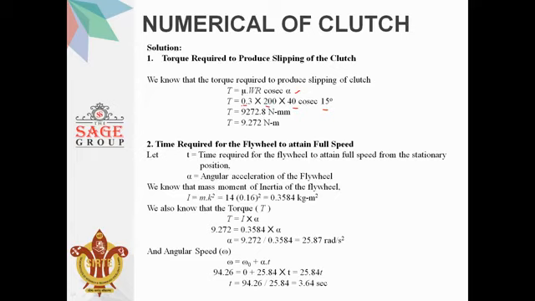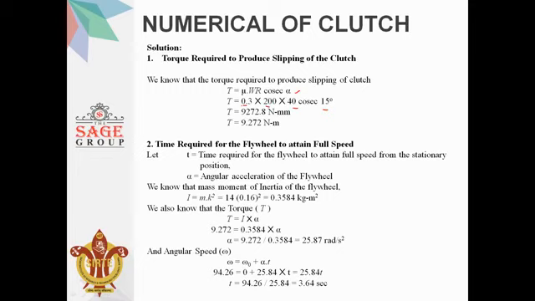Now, second thing is time required for the flywheel to attain full speed. Now, let small t be equal to the time required for the flywheel to attain full speed from the stationary position. Alpha is the angular acceleration of the flywheel, that is the acceleration in rotation. We know that the mass moment of inertia of the flywheel I is equal to m k square.